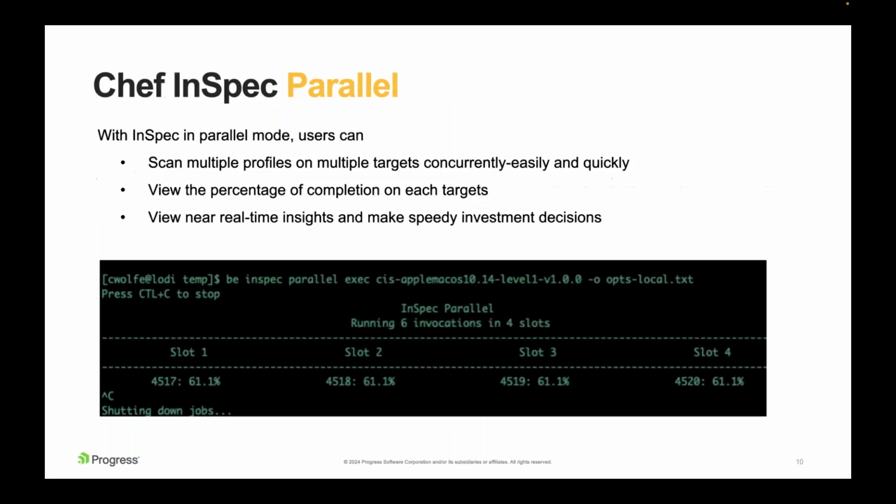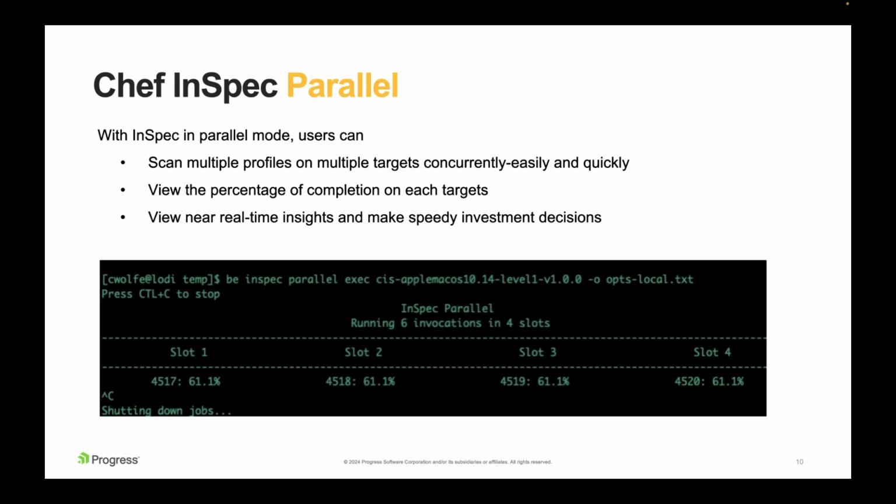All right, so now that we have covered the benefits of Sign Profiles, let's move on to InSpec Parallel. So talking about InSpec Parallel, it enhances the speed and efficiency of compliance scans by allowing multiple profiles to be executed across multiple targets simultaneously.